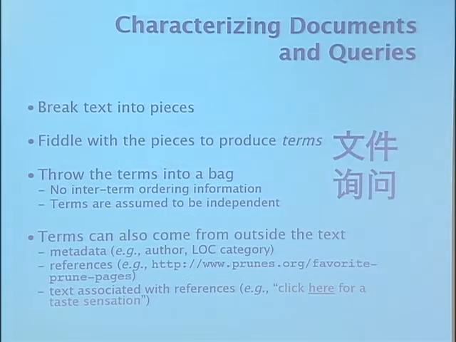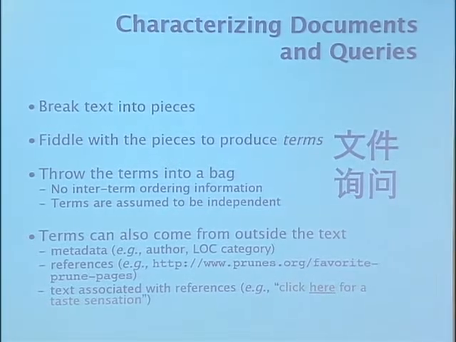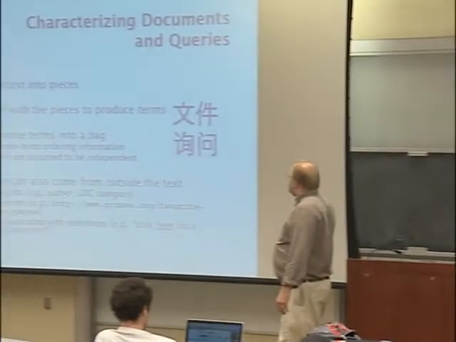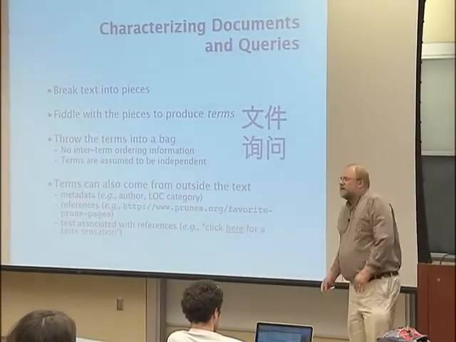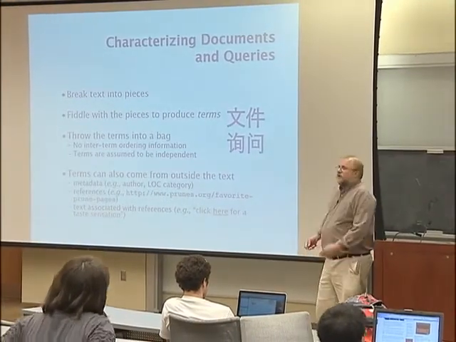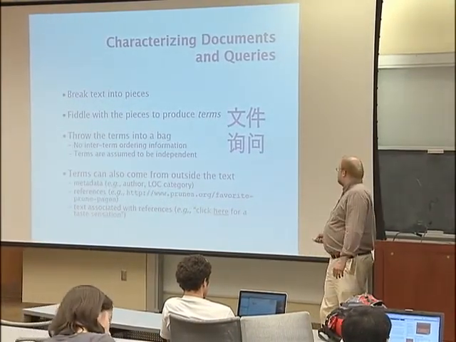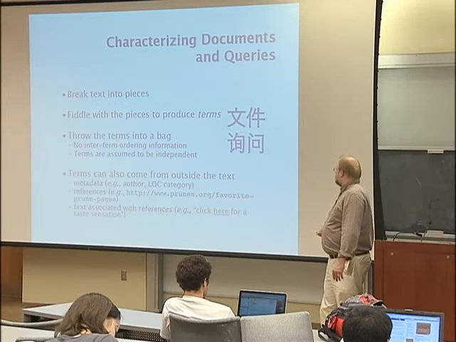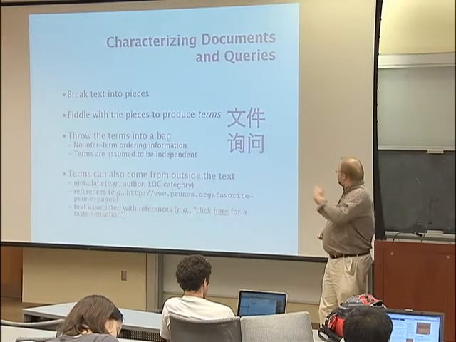Now, you don't have to get these terms out of the text itself. You can also get them from other places. So, for example, you may have some metadata, like Library of Congress categories or name of the author. You can get references embedded in it, or even text associated with references to it.